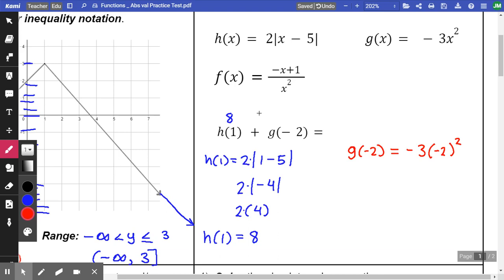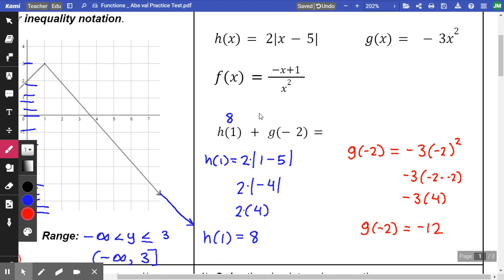So (-2) squared is the same as -2 times -2, which is equal to positive 4. And multiplying -3 times 4 is going to give me -12. So g of -2 is equal to -12.